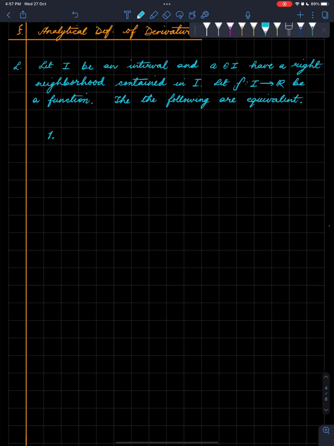What are equivalent? The first is that f is right differentiable at a. The second is this limit exists.